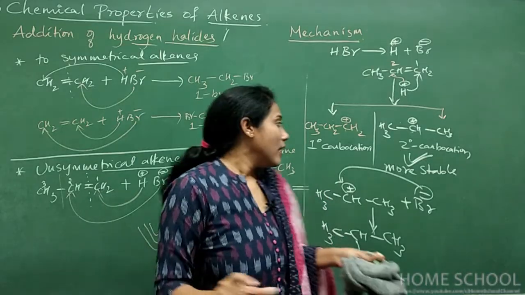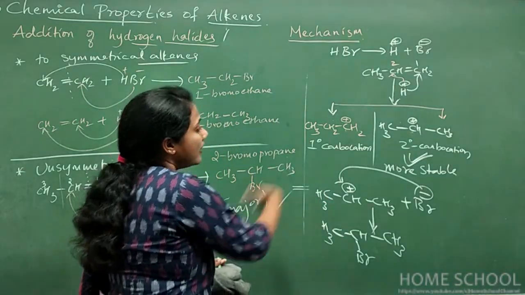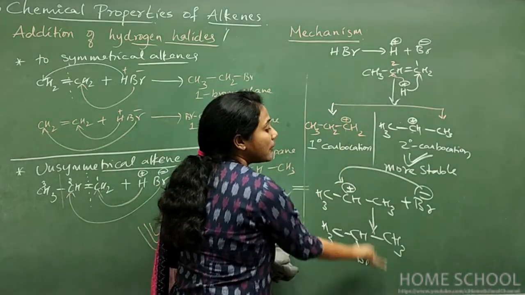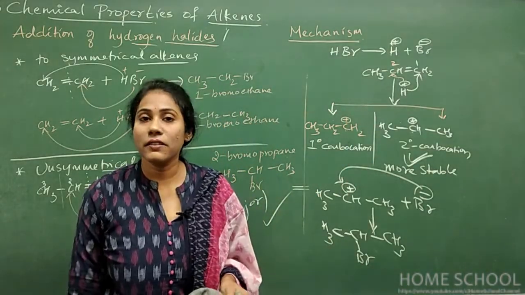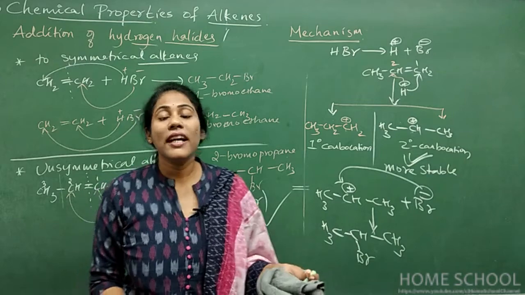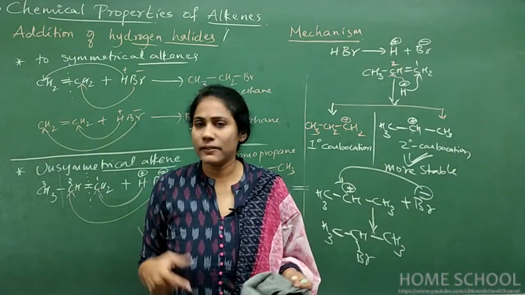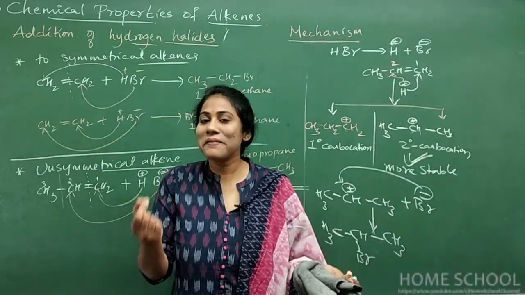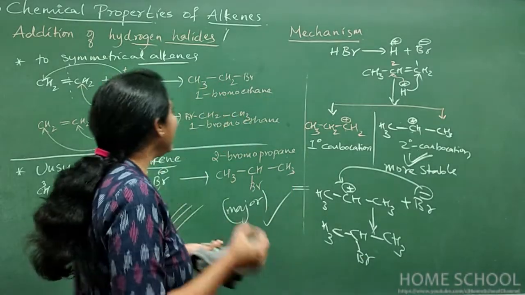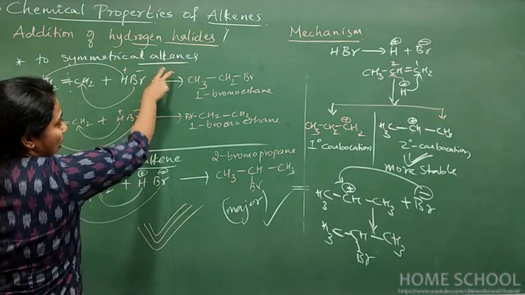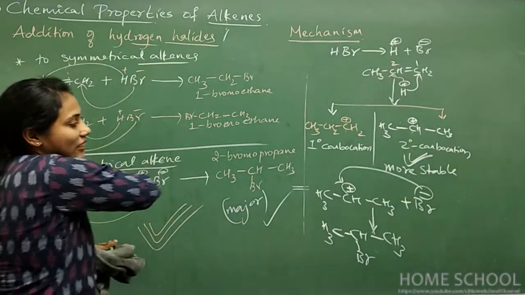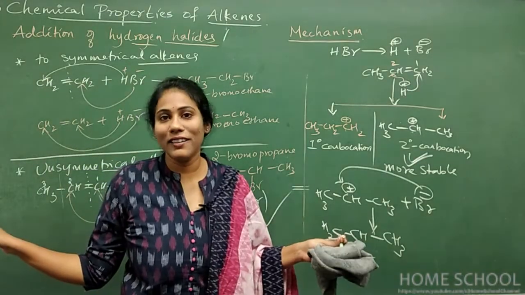So why do you get this as a product? There is a proof. This is how the mechanism takes place. So this is all about the addition of HBr to an unsymmetrical alkene. But wait, there is a slight change. In case you use peroxide here, the reaction is going to become reversed.